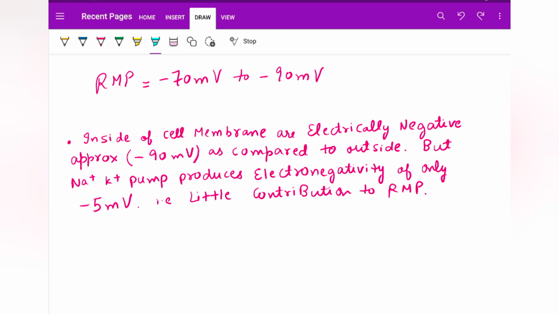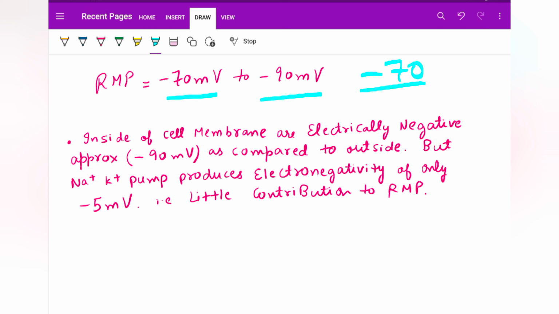Now, if you look at the values of RMP, it has a range of minus 70 millivolt to minus 90 millivolt. It varies from cell to cell. Most neurons have an RMP of minus 70 millivolt. But cardiac muscle cells and skeletal muscle cells have an RMP of minus 85 millivolt and minus 90 millivolt.